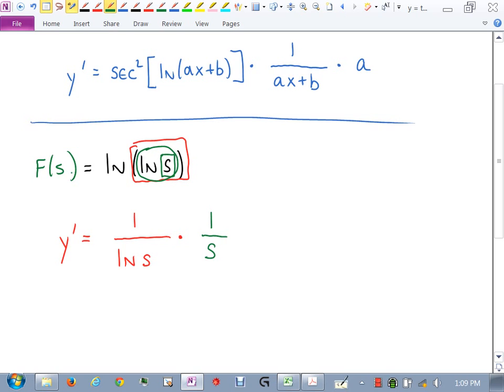If s had been a constant, the natural log of a number, natural log of a number would all just be a number, and the derivative of a number would be 0. So we're okay here. So the n here would be times the derivative of s, but that's 1, because we're differentiating with respect to s, because s is our independent variable. Okay?